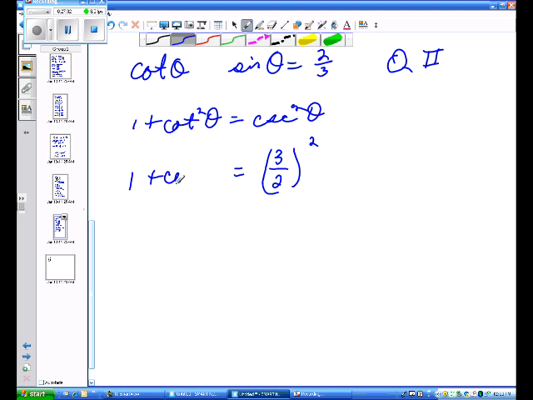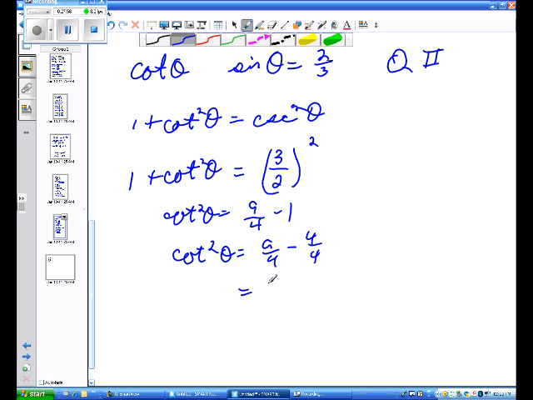So 1 plus cotangent squared equals the cosecant squared. Solving for cotangent, we have 3/2 squared, which is 9/4, minus 1. So the cotangent squared theta equals 9/4 minus 4/4, which is 5/4.